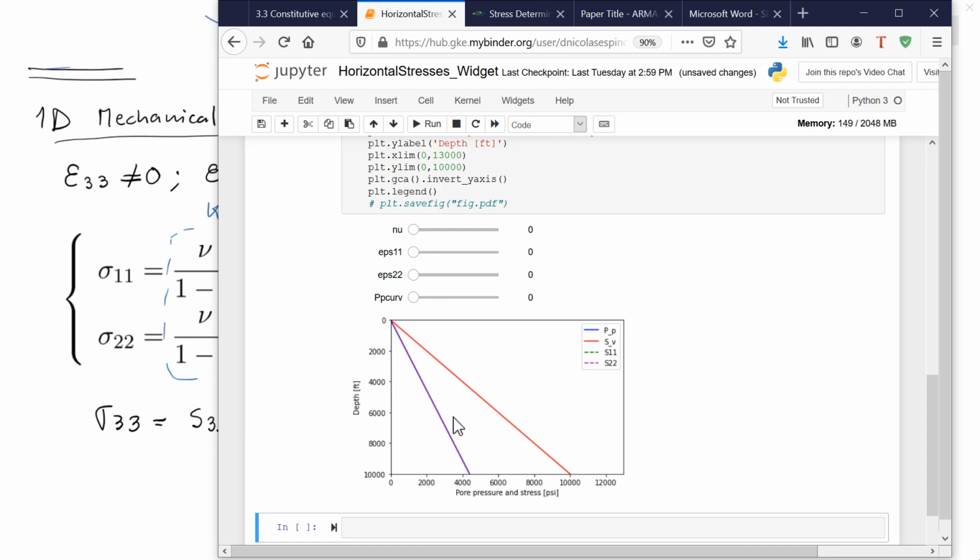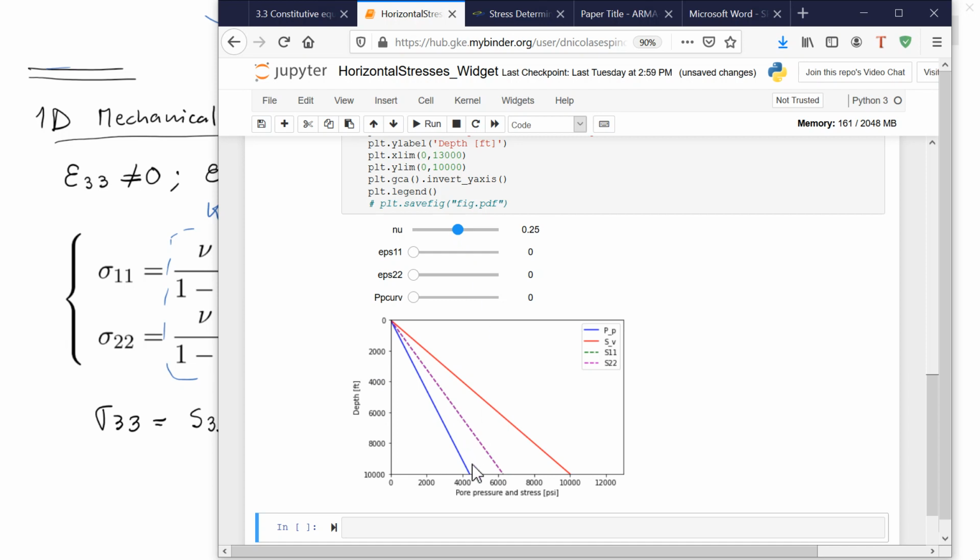Because of that, the effective lateral stress is 0, and because that's 0, it's going to fall on the line of the pore pressure. Effective vertical stress is not 0. As long as I add a little bit of Poisson ratio, my effective horizontal stresses increase, and so do the total horizontal stresses. Let's put in a typical 0.25.